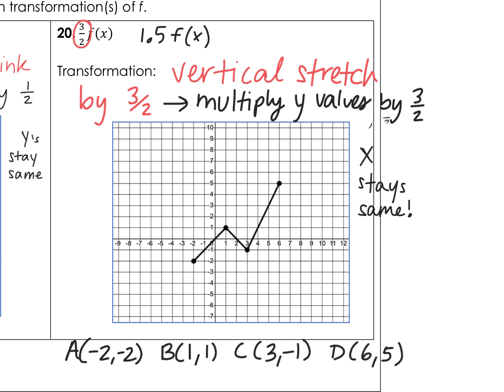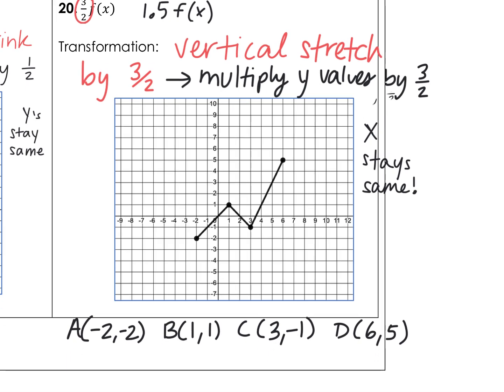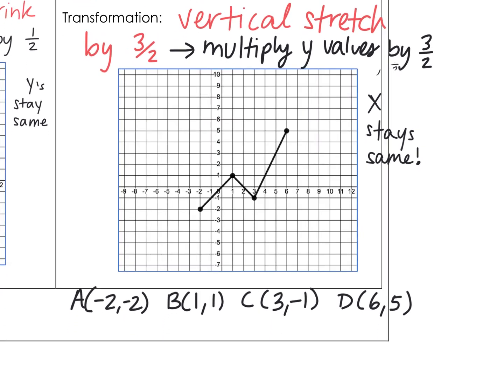Your x values stay the same, so I'm just going to copy those. These are not going to change. So 1 comma something, C prime is 3 comma something, and D prime is 6 comma something.